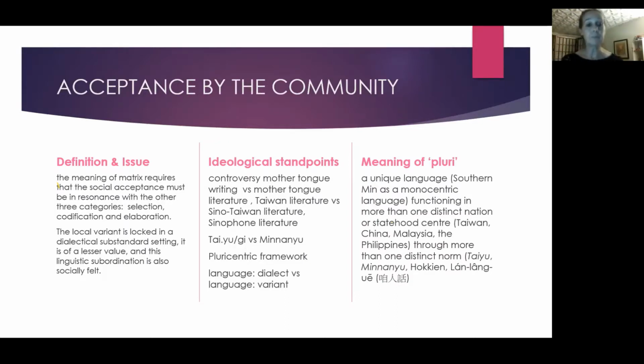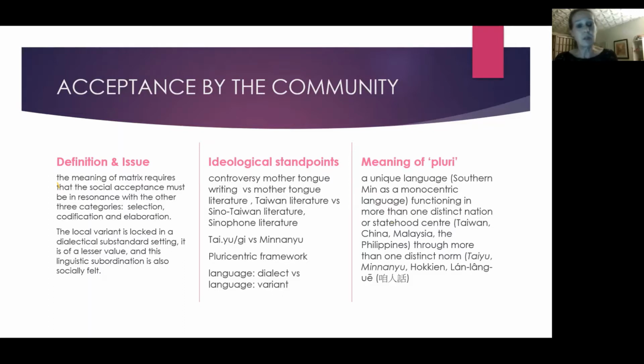One of the issues still plaguing the activists for Taiwanese, some are struggling with it: the perception in society that the local variant is still locked in a dialectical, substandard setting.